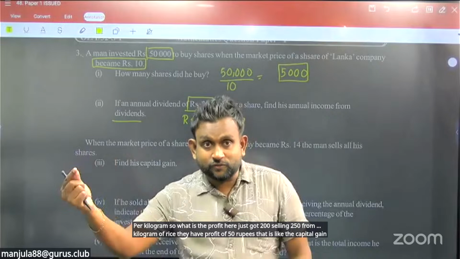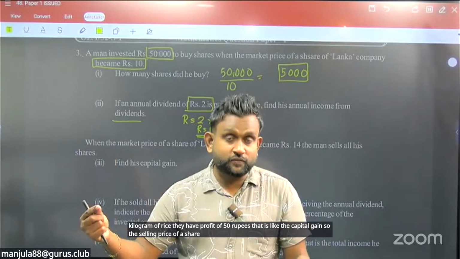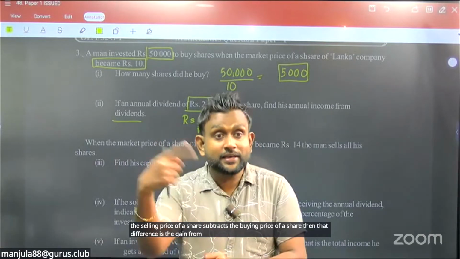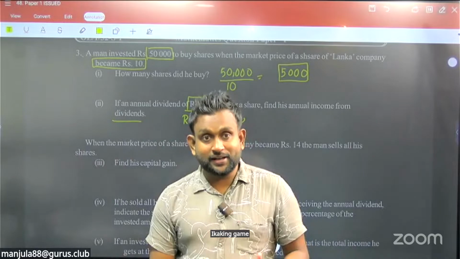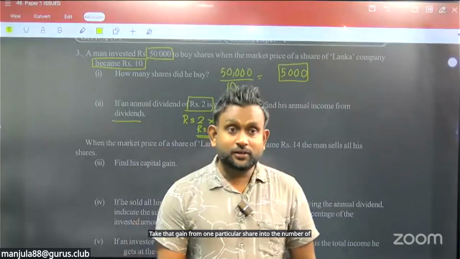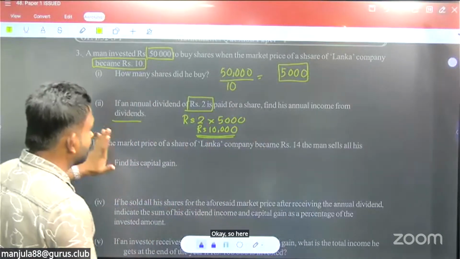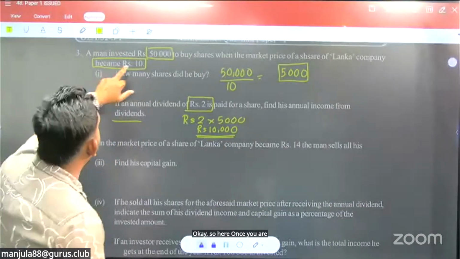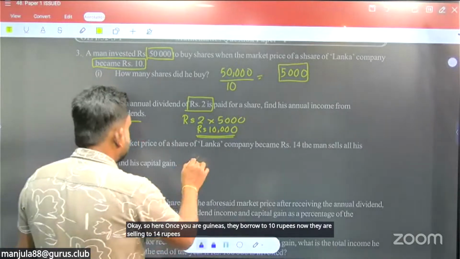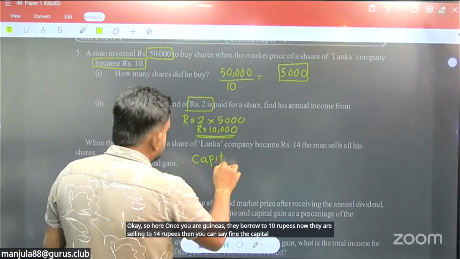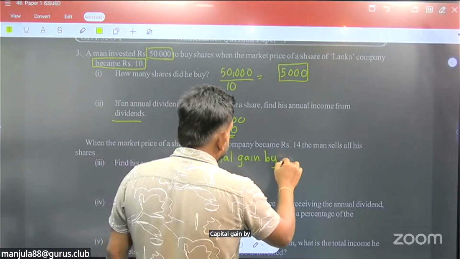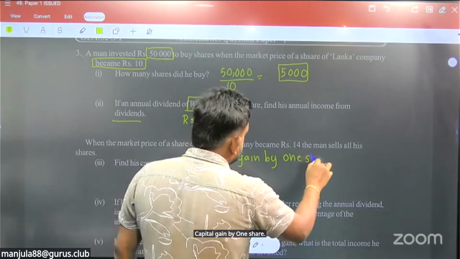The selling price of a share minus the buying price of a share, that difference is the gain from one share. To get the total gain, take that gain from one share into the number of shares. Here, they bought at 10 rupees, now they are selling at 14 rupees. So how to take the gain by one share?